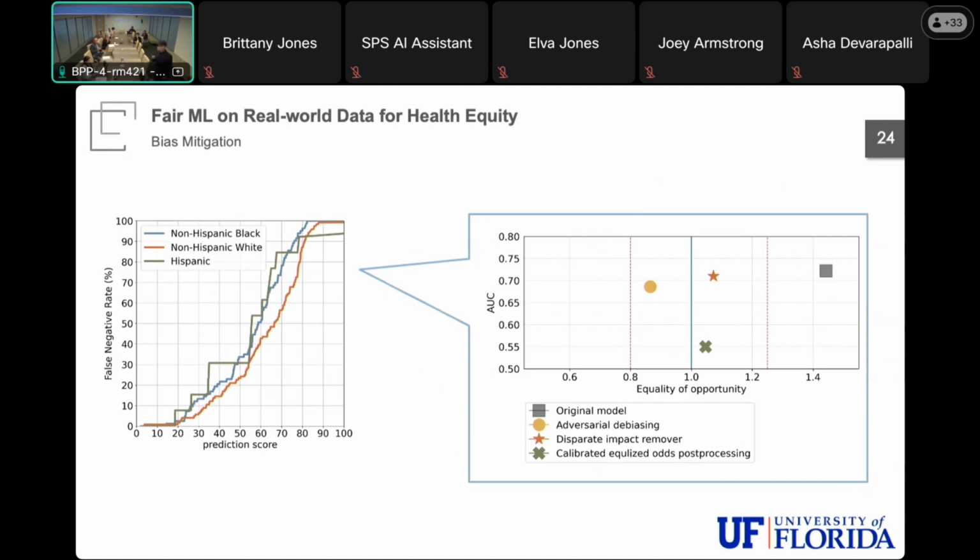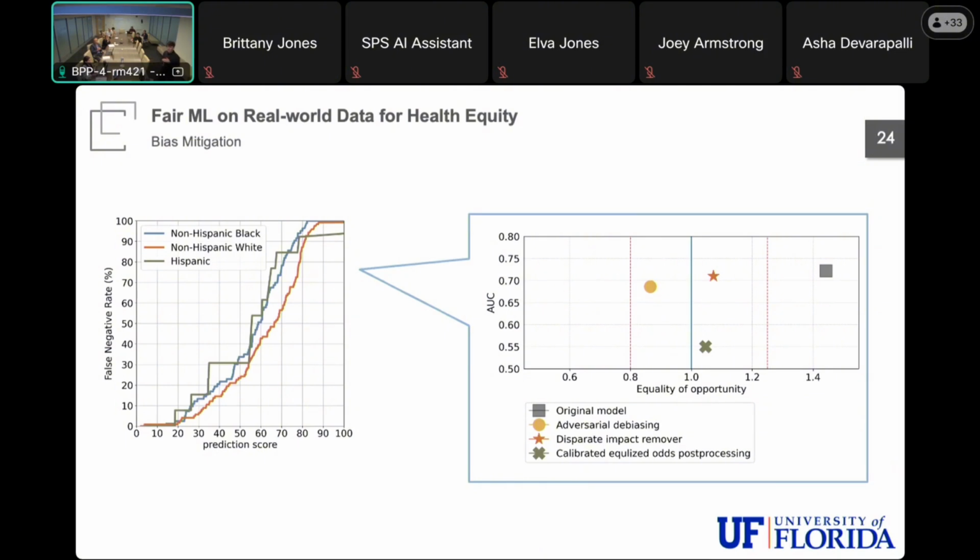After different techniques are used on the model, we can reduce the equality of opportunity from 1.4 to close to 1, which means that this model is more fair than the original one between the white group and the black group.